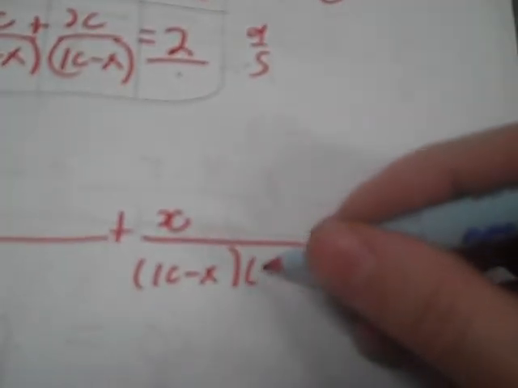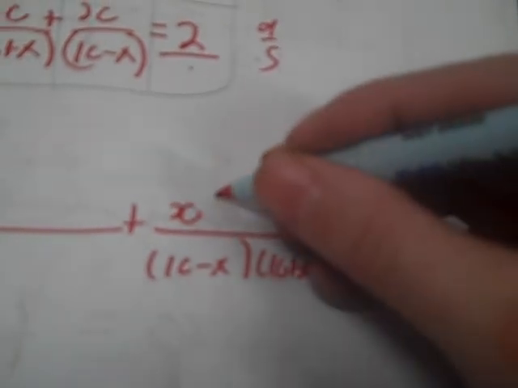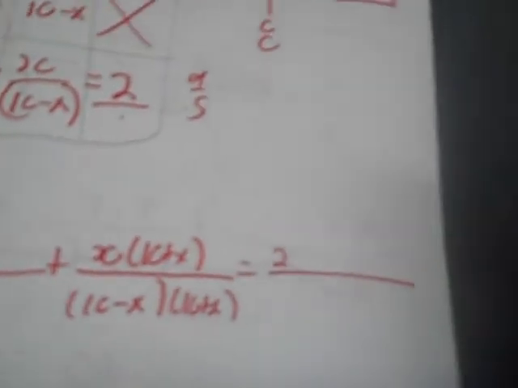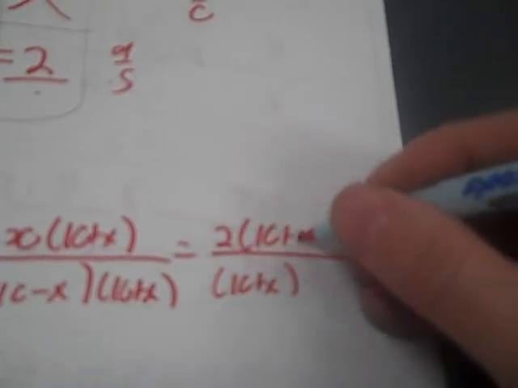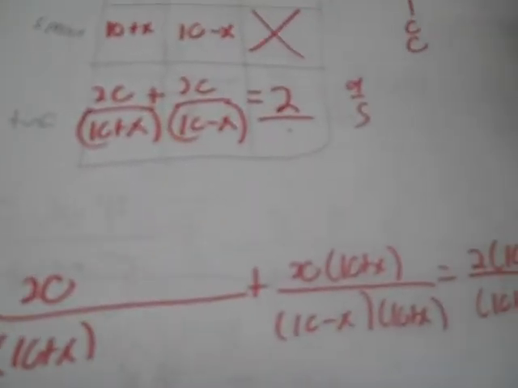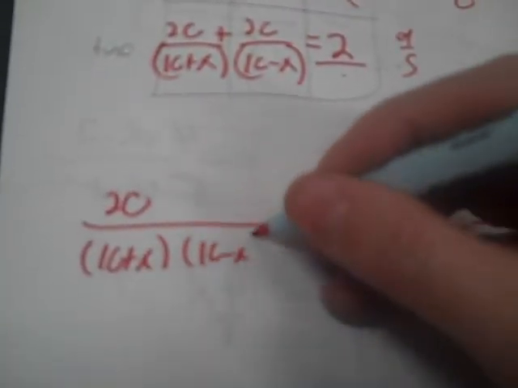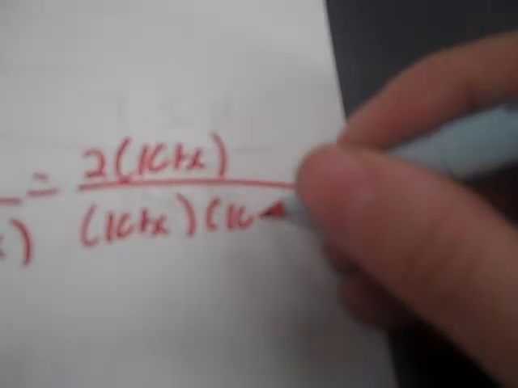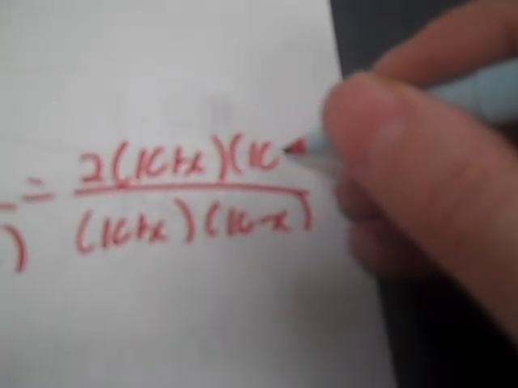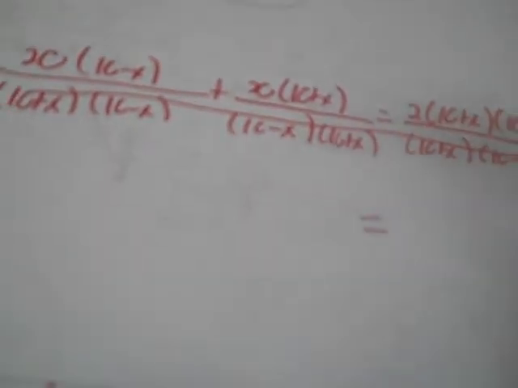1, 0, 0. Remember to bring it in on top as well. 10 minus x, 0, 1, 0. Okay, then we go into our calculator.